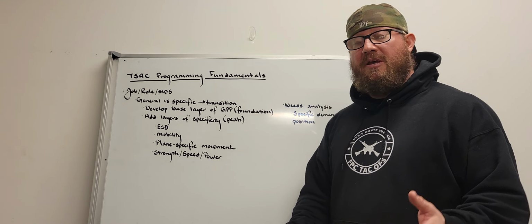Once we develop a base layer of GPP, we want to start adding layers of specificity. That's where understanding the needs analysis, the particular demands of the job, role, or MOS comes into play. So we start with a foundation, and then we build layers towards the peak. We think about this from the perspective of building a pyramid.